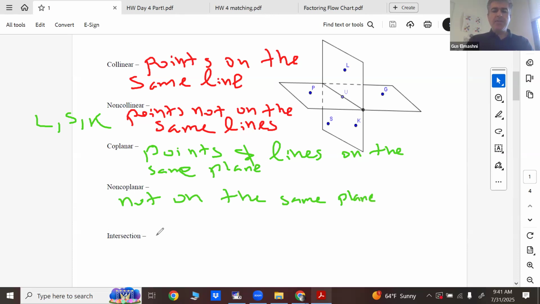An intersection is points and lines in common.